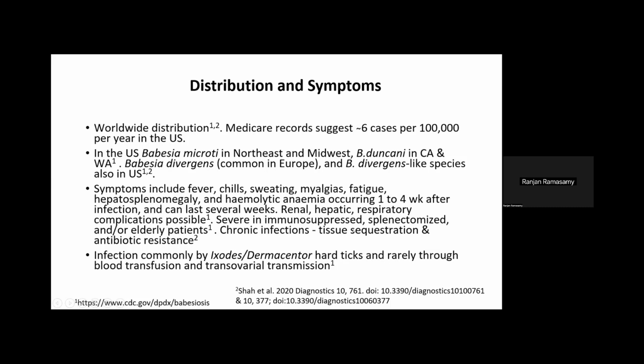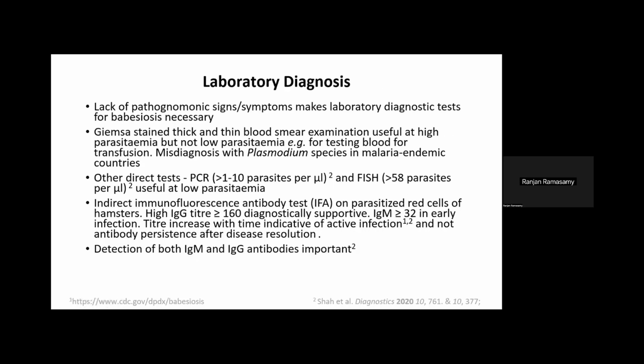And this is in deep tissue, so the parasites tend to disappear from the peripheral blood, and they also result in antibiotic resistance to treatment. Infection is normally by hard ticks, the Ixodes species for Babesia microti, and Dermacentor for Babesia duncani in the US.